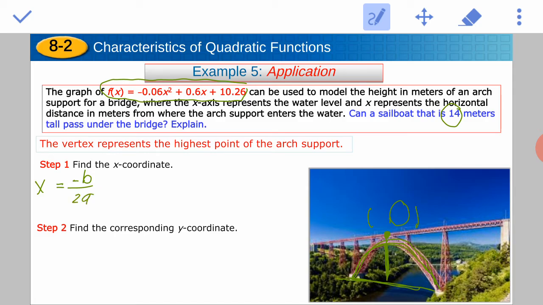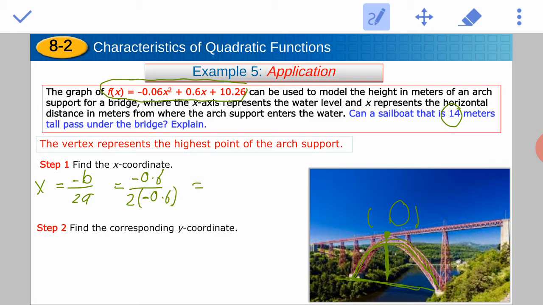If you use the formula, guys, you need negative b from this equation. It's negative 0.6, negative 0.6 divided by 2a, 2 times this negative number, negative 0.06.